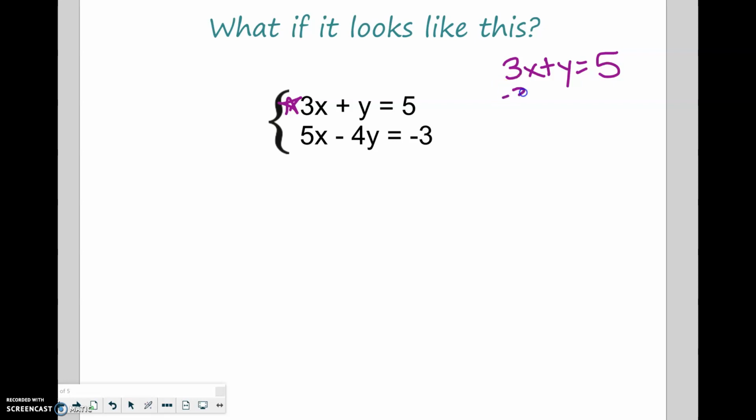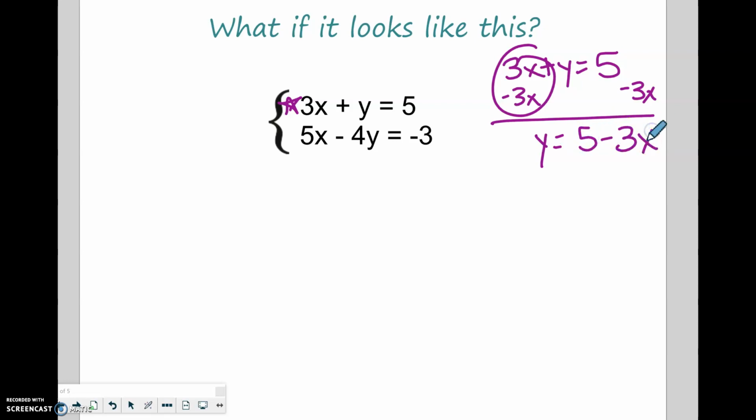So to get y by itself, I'm just going to subtract 3x from both sides, so that y is by itself. And then 5 minus 3x would be what is on the right side. Remember, I can't combine the 5 and the 3x and say it's 2x because 5 doesn't have an x with it. So I just leave it just like that. So y equals 5 minus 3x.